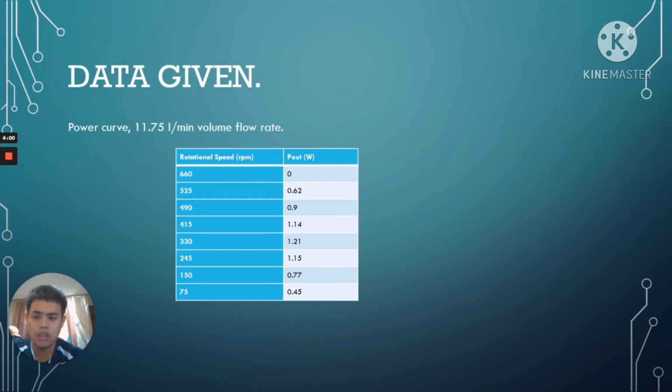This is the second data given, the rotational speed. We can see that the power out is maximum at 330 RPM, which is 1.21 watt, with the power out decreasing as the rotational speed is increasing.